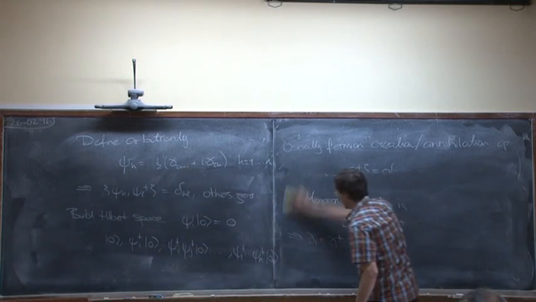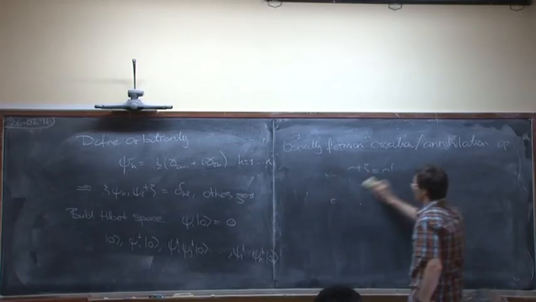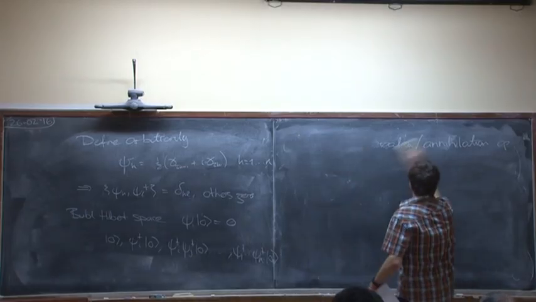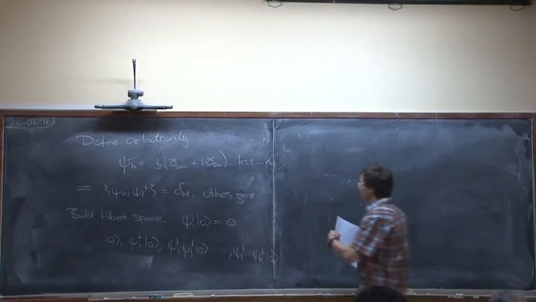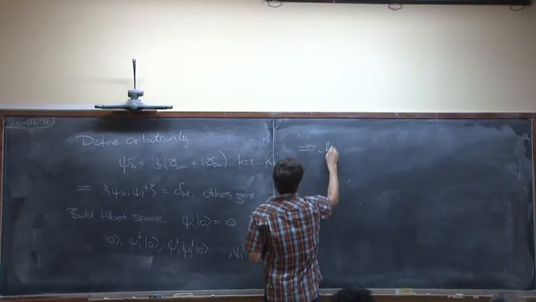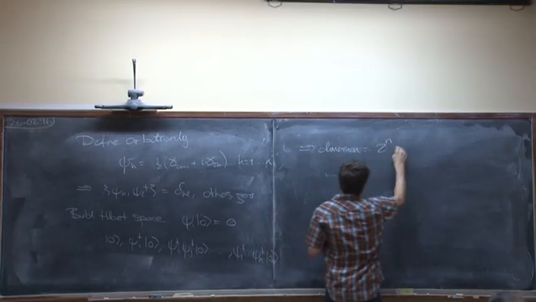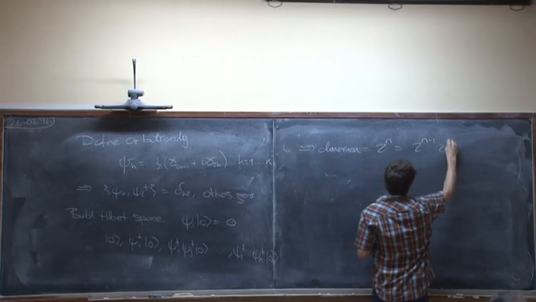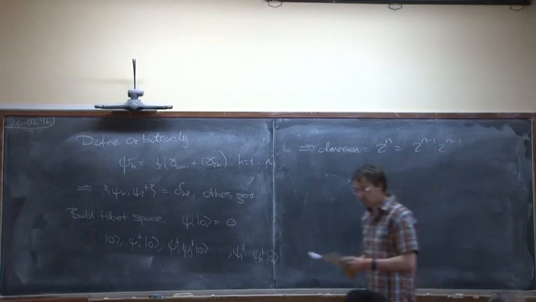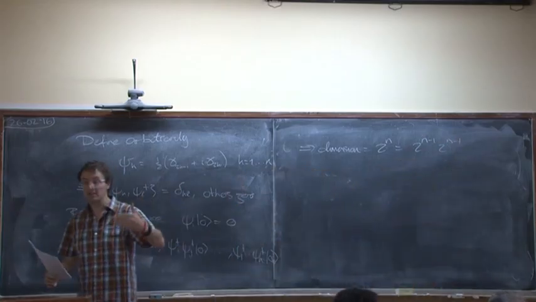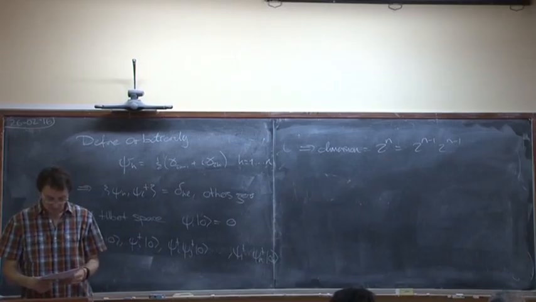Yes, exactly, like in the Ramond sector. Which means the dimension is 2 to the power n, which is 2 to the n minus 1 times 2 to the n minus 1. Which, as you pointed out, is twice as many as the dimension we want.